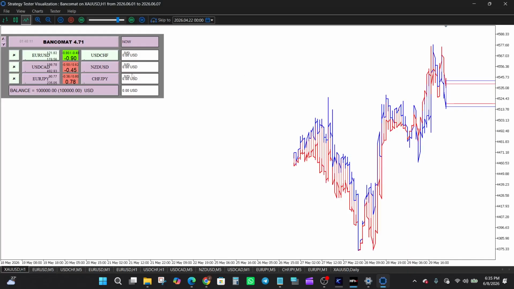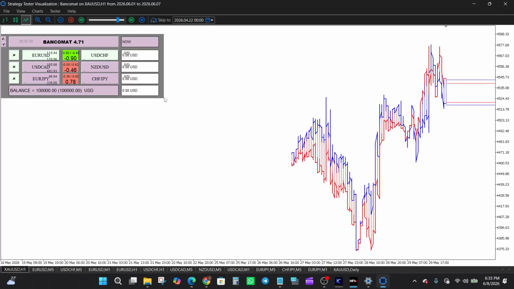We can see this dashboard here as well. This shows us information like the balance, and then we're also seeing EURUSD, USDCAD, EURJPY, USDCHF, NZDUSD, CHFJPY, confirming the multi-currency approach, right?